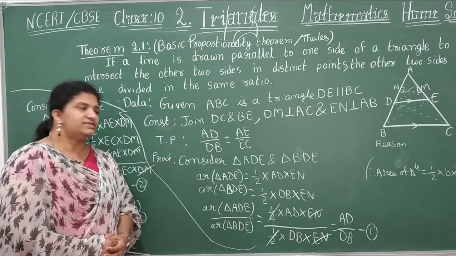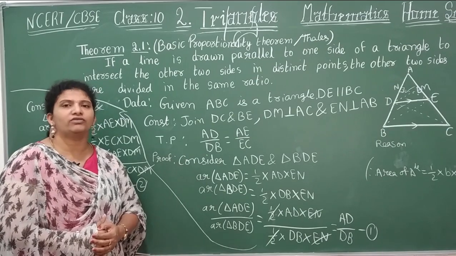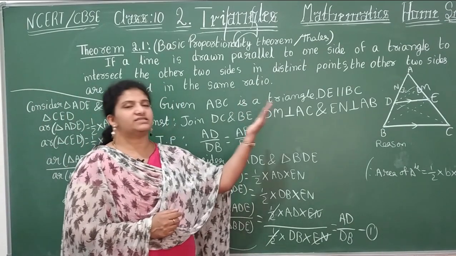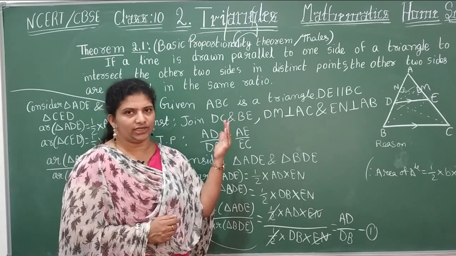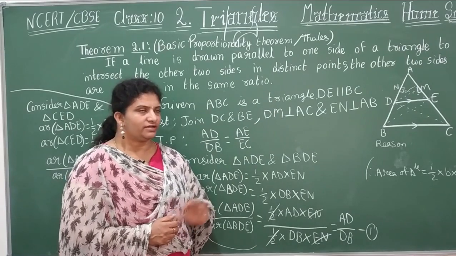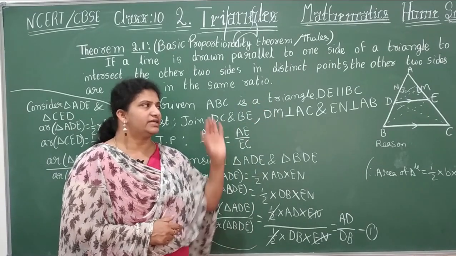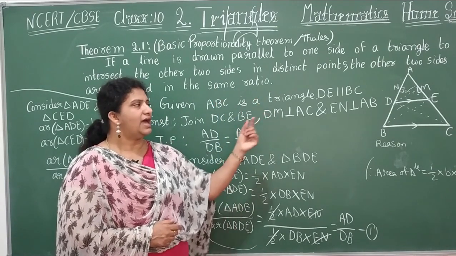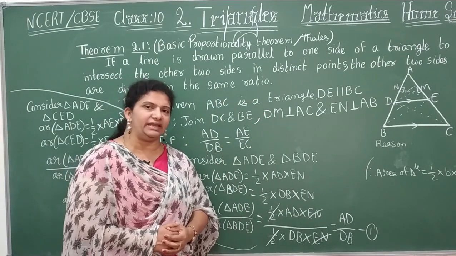Proof. Consider the triangle. How are we going to divide your theorem proof, children? This side, one set you are going to get. And that side, another set you are going to get. How are we going to consider? First, consider the complete small triangle. Consider triangle ADE and consider the triangle BDE.